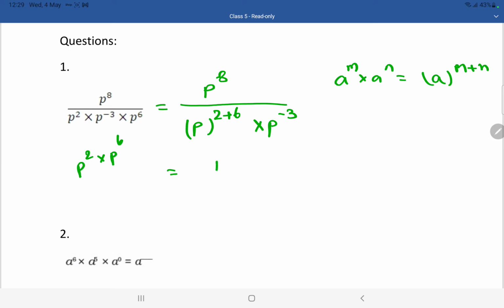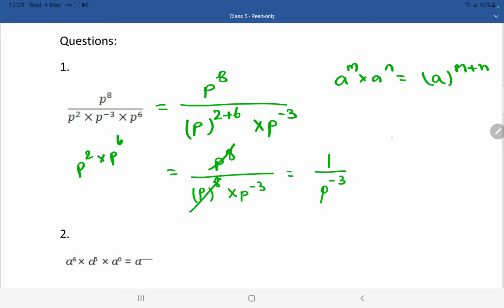So children, if you just see p power 8 divided by p power 6 plus 2, or 2 plus 6 is 8, into p power minus 3. Now p power 8 and p power 8 will get cancelled and I will remain with p power minus 3.